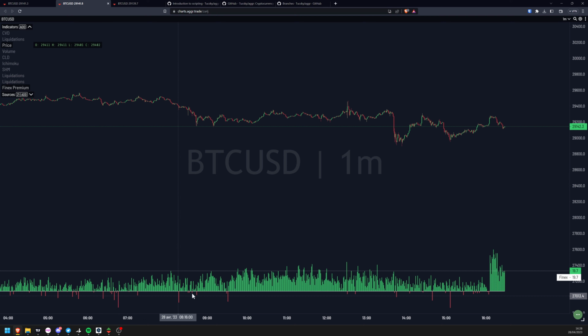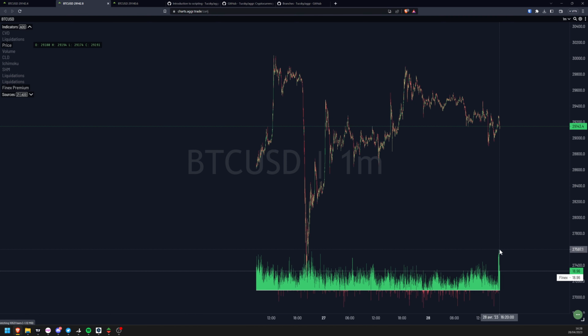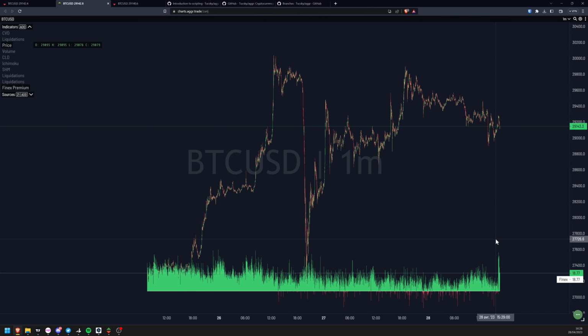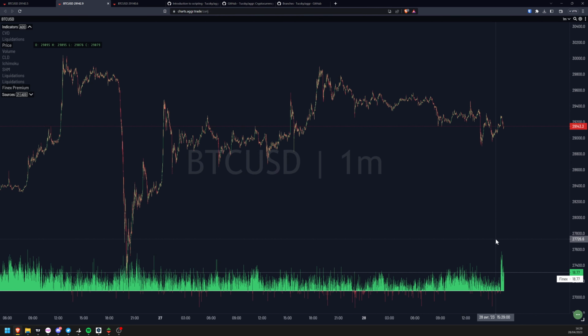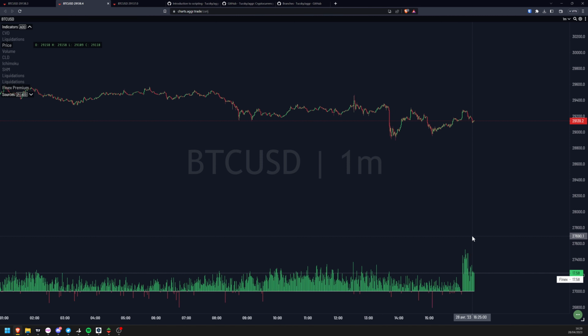In fact, I was working on trying to remake a magic spread indicator for aggregated trades, and maybe do a bit more different ones.